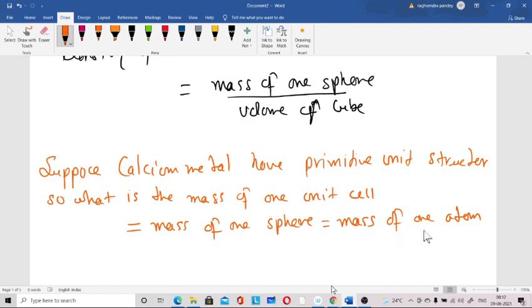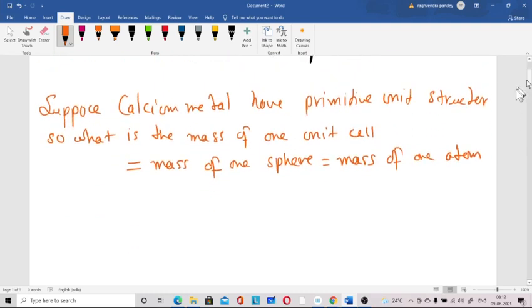That is the mass of one atom. Okay. Now, what is the mass of one atom of calcium?